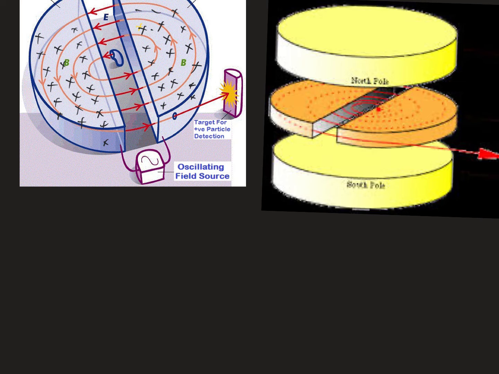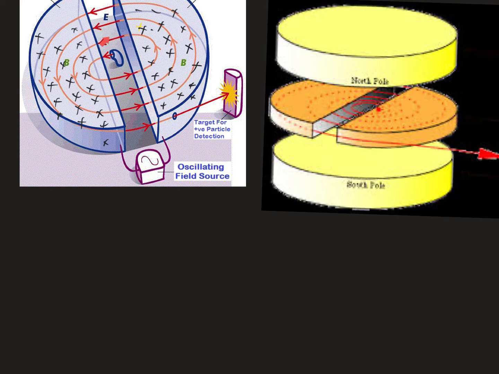So what's going to happen? Every time it gets accelerated, the velocity increases. But when it enters the magnetic field, the magnitude of the velocity doesn't change. In a circular motion, the magnitude of the velocity is the same. But when it comes out again, it's going to accelerate.